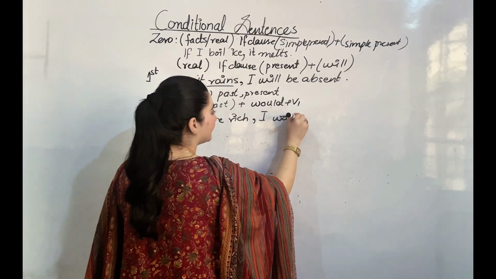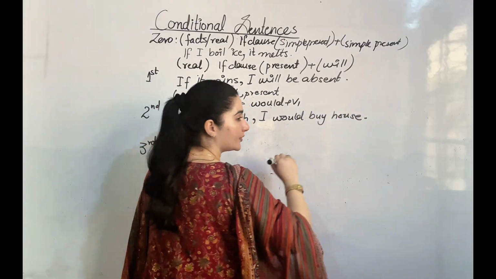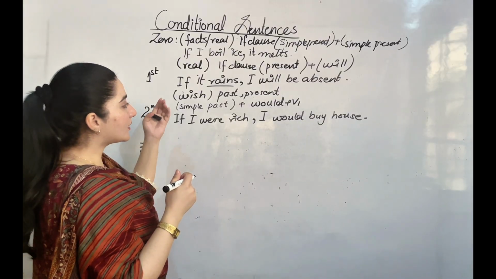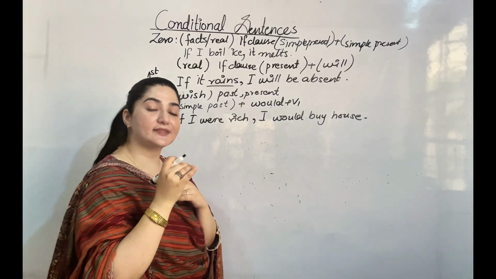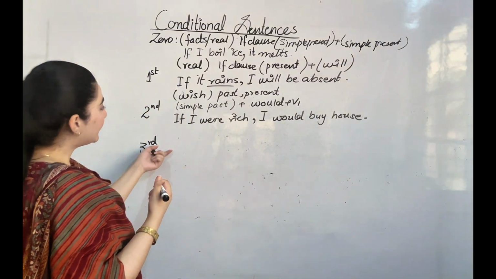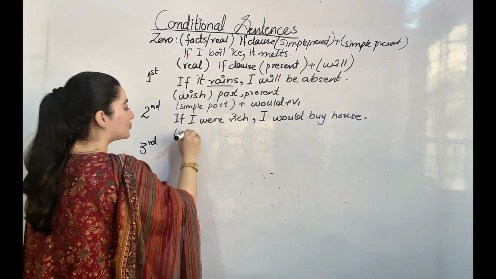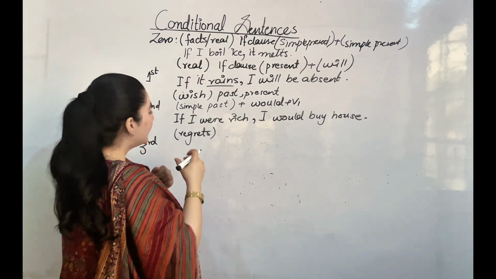I would buy a house, I would give money to the poor. There can be many possible situations, right? So the second conditional talks about our wish or any hypothetical situation that is untrue in the present and the past as well.